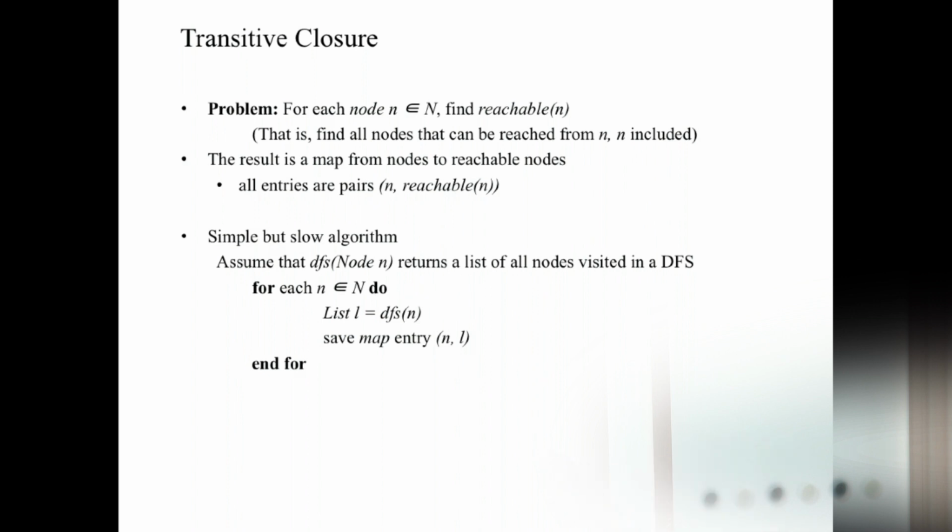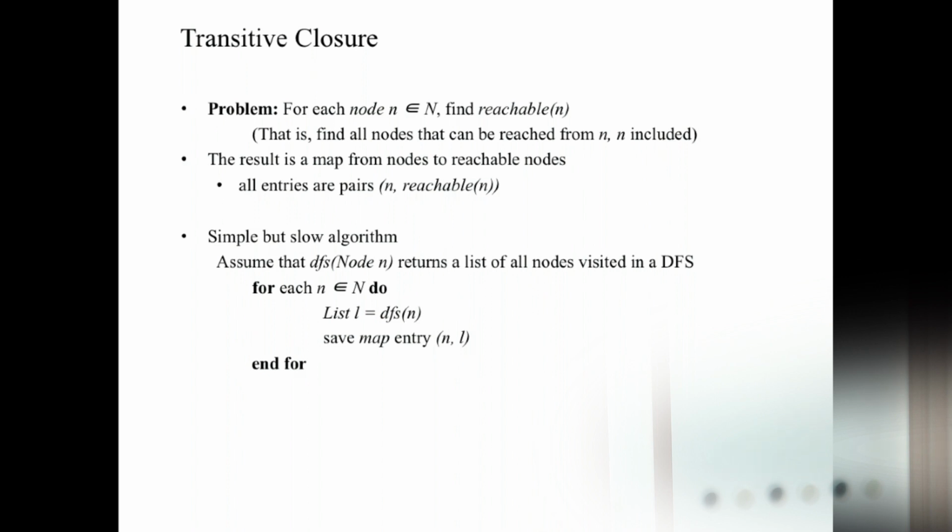We can use depth first, okay? If we use depth first on every node in your graph, and we store the order it runs as a list, you can get the transitive closure for your node, okay? So the algorithm for it is quite simple.